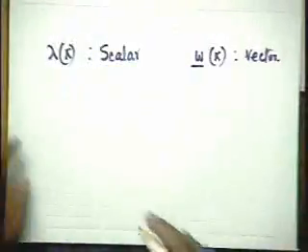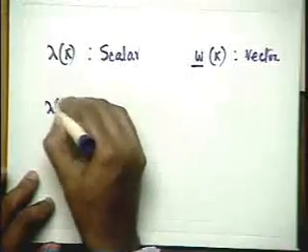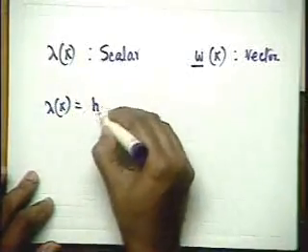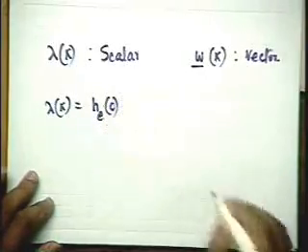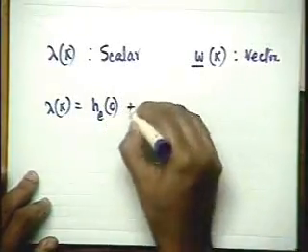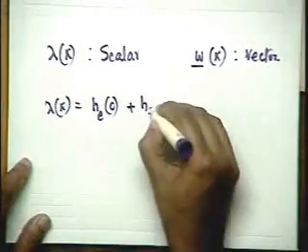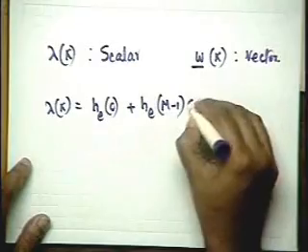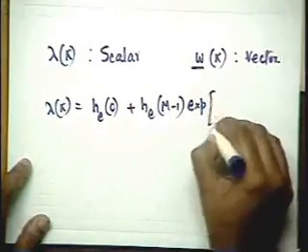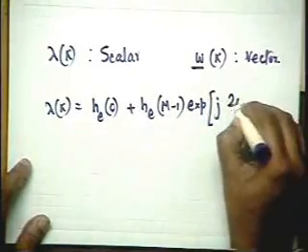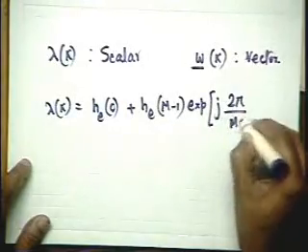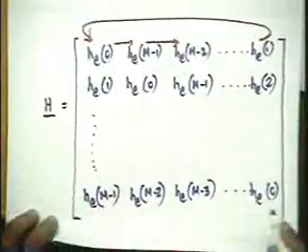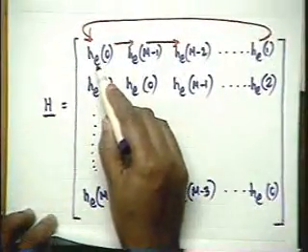So my definition: if I define the scalar quantity lambda k as follows, I take HE0, plus HEm-1 into exponential to the power j 2 pi by m into k. So just see what I am doing. I have taken HE0 as it is.